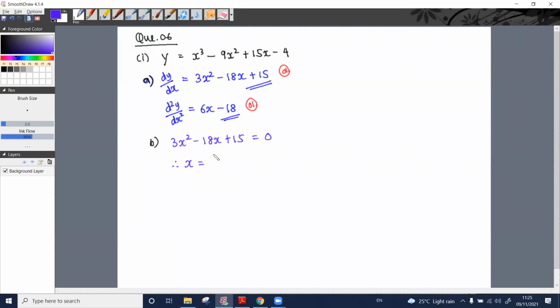For this quadratic equation, the value of A is 3, the value of B is minus 18, the value of C is 15. So the value of x should be equal to 5, or the value of x should be equal to 1.